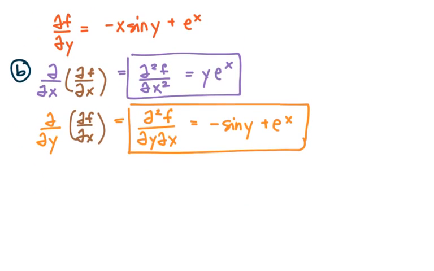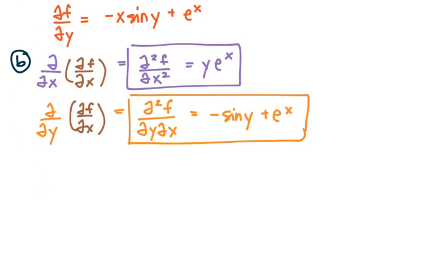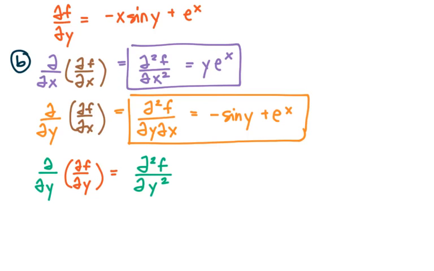So now we have to find the second partial of f with respect to y, so the second partial of y, and that will be of df dy. So that's going to give me partial squared f over partial y squared.